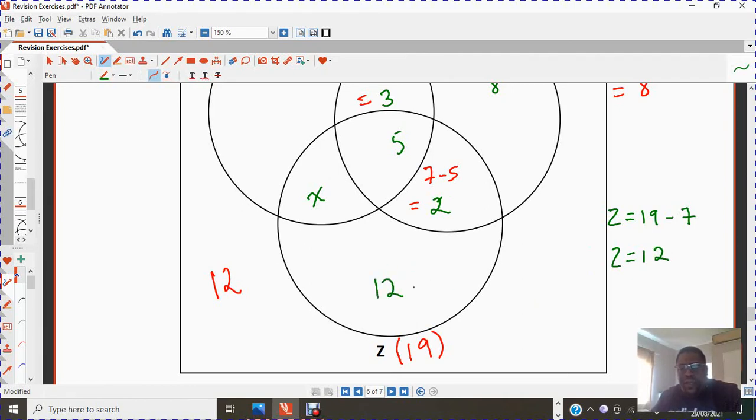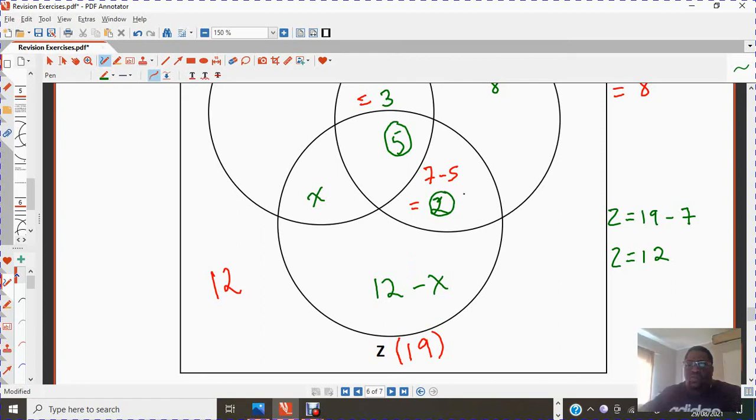It will be 12 minus this X here, because we don't know what that would be. All I know is that this X plus that 5 plus this 2 plus this 12 minus the X should give us our total, which is 19. I calculated that 12 by adding the 5 here and the 2 here.